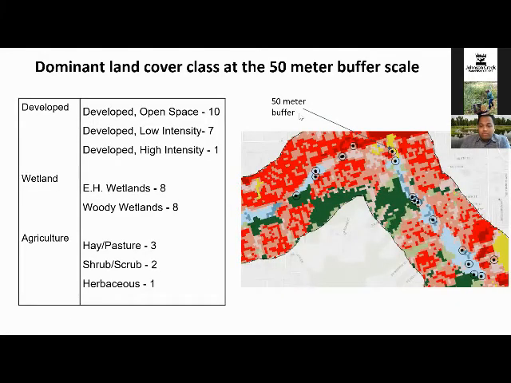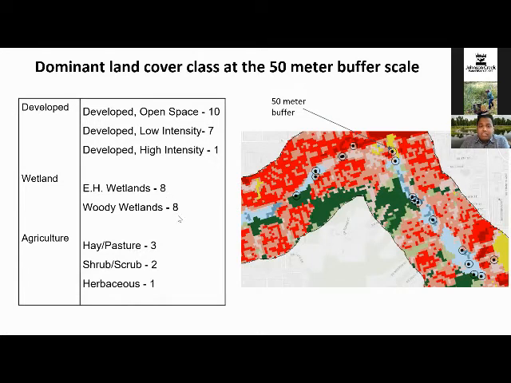And then we looked at the dominant land cover class at the 50-meter buffer scale. We see that most of the beaver dams are located in developed areas because Johnson Creek does flow through urban communities. Secondly, it's followed by wetlands.